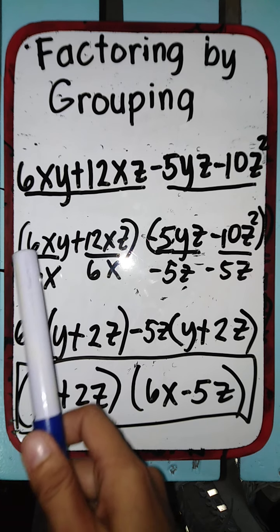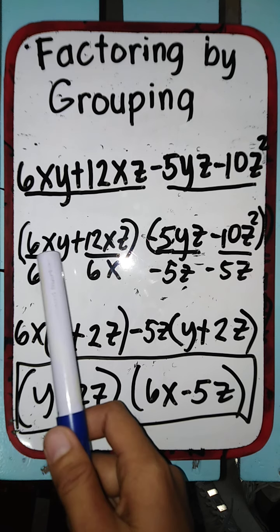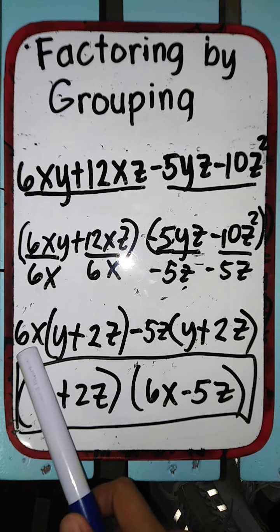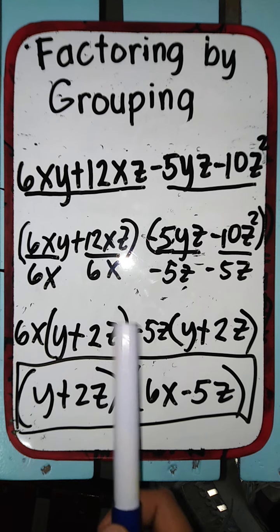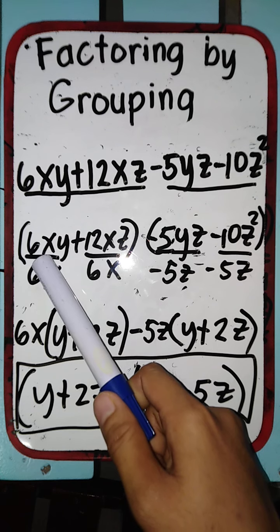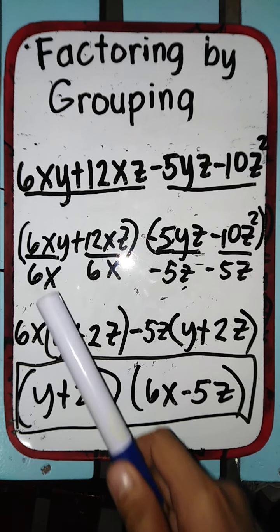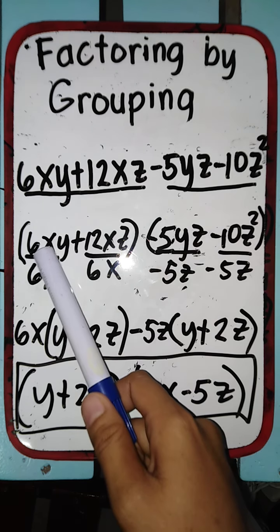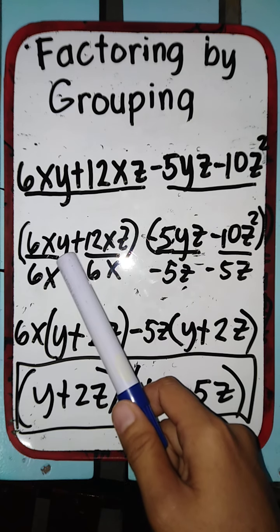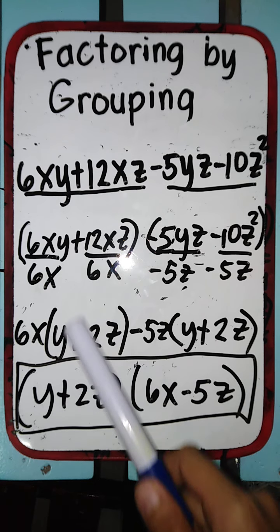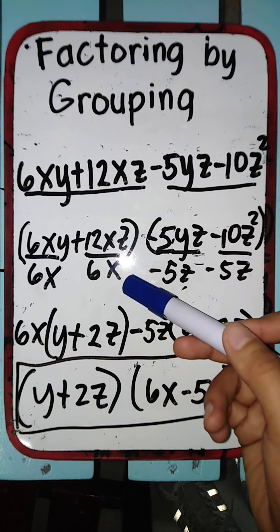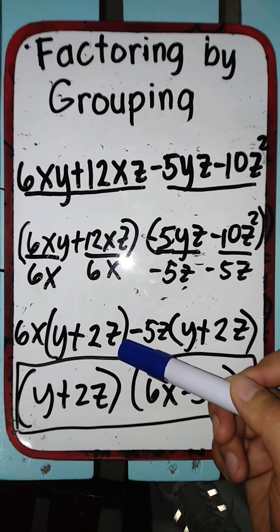So we divide both by 6x, then write 6x outside the parentheses because it is one of their factors. 6xy divided by 6x is y, because 6x and 6x cancel, equal to 1. Plus 12xz divided by 6x is 2z.